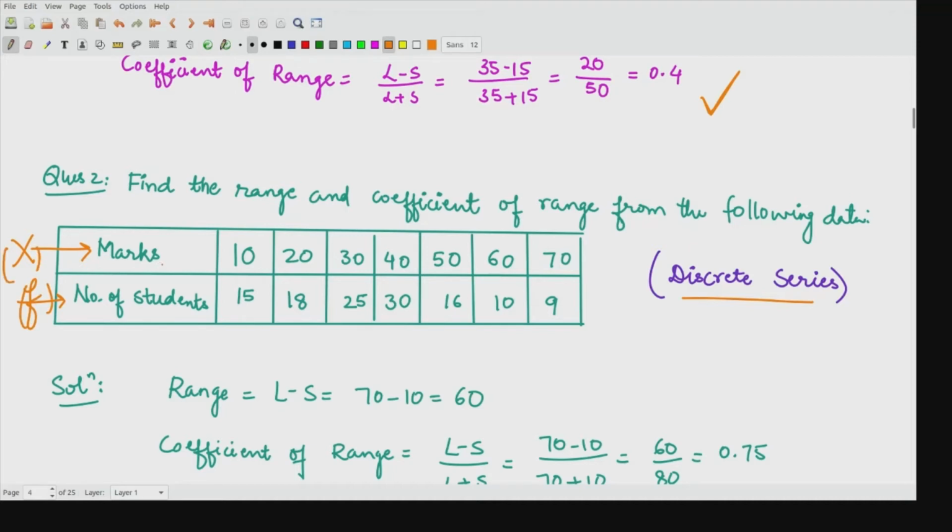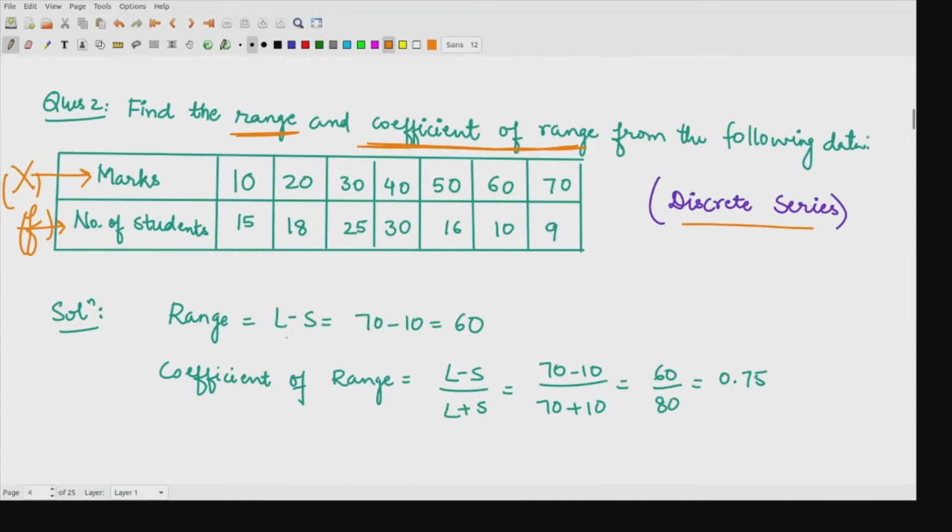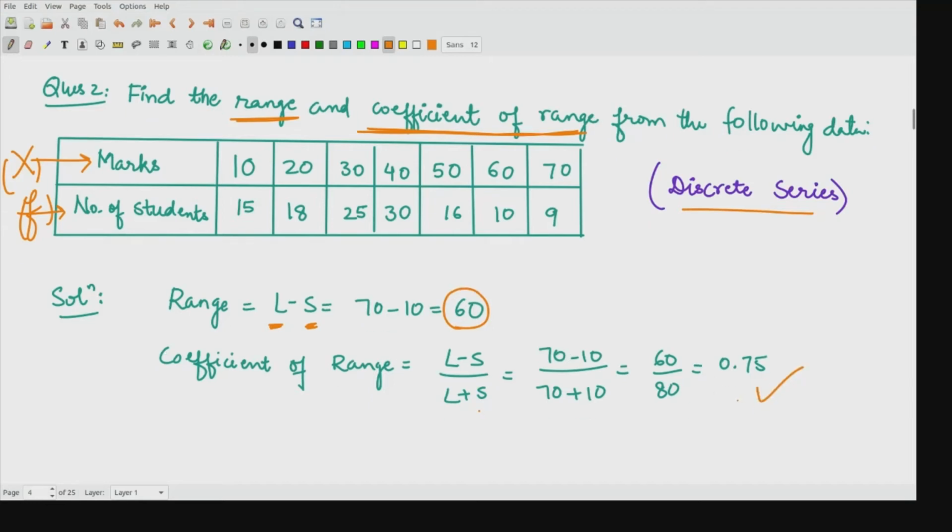Now you are asked to find the range and the coefficient of range for the following data. Here the range is largest value minus the smallest value. So this is given to be 60, and the coefficient of range, that is given to be L minus S divided by L plus S. When you calculate, this comes out to be 0.75.